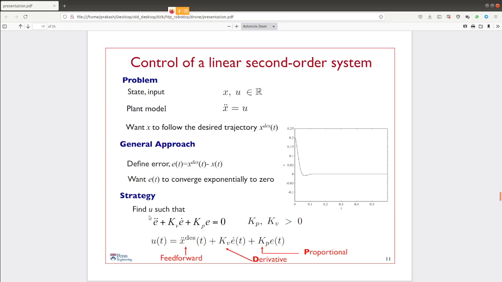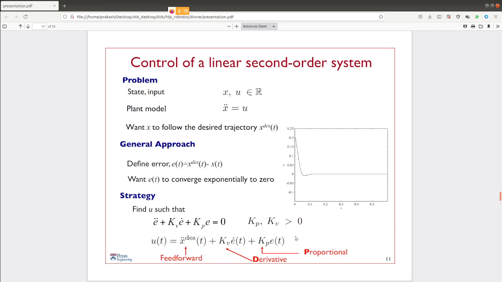So if I choose the control algorithm in this form, I could rewrite it like this, where e double dot we can write as x double dot desired minus x double dot, and u is my input.